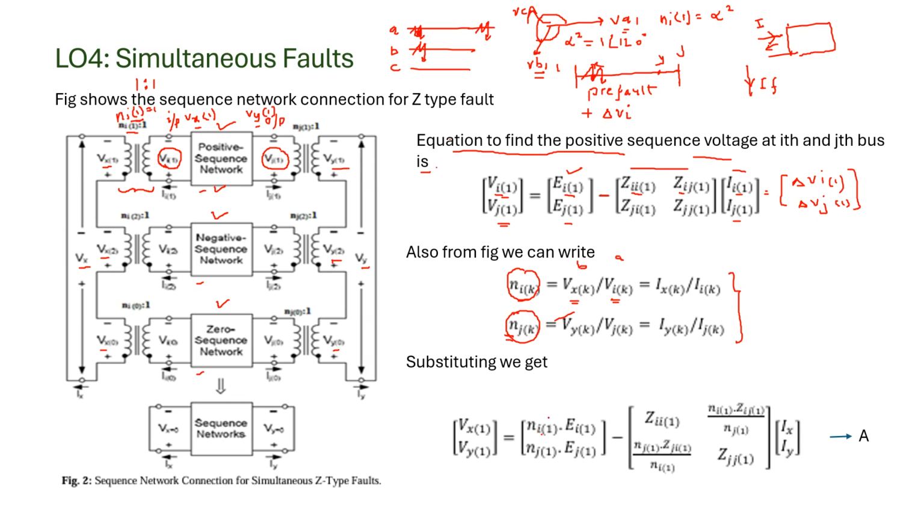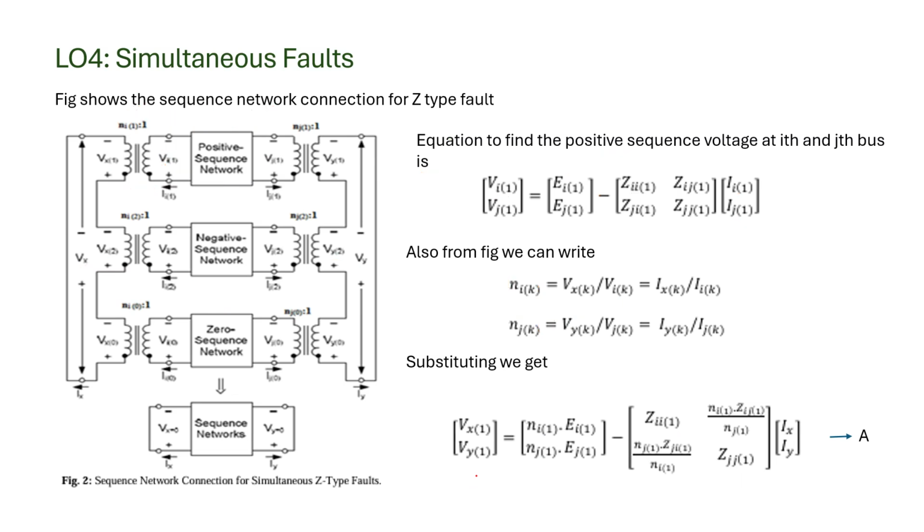Here you can see this transformation ratio has come into the picture. Here you have Ni1, this is Zij1, this is Nj1, this is Zji1, this is Zjj1, Ixi. This is what we have obtained: the positive sequence voltage at the ith and jth bus.